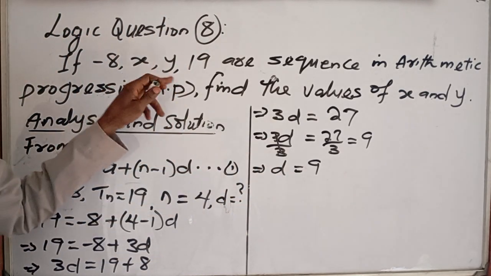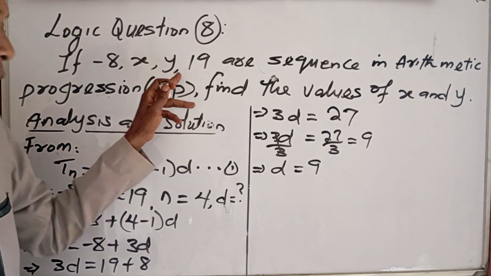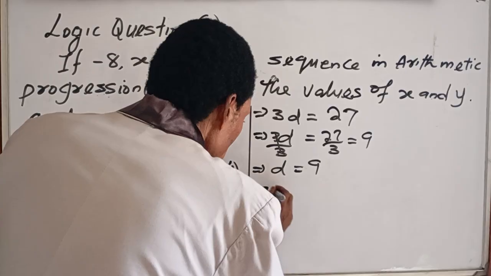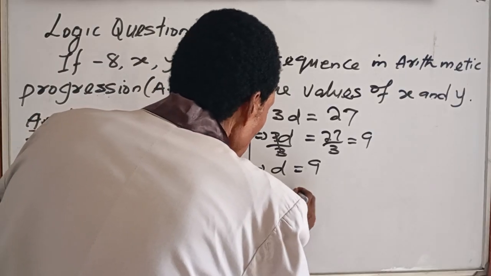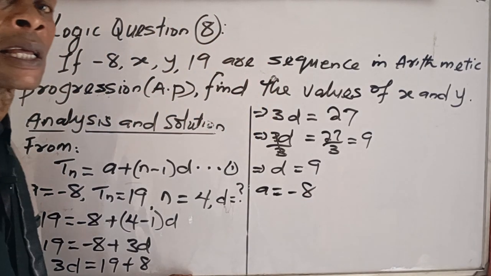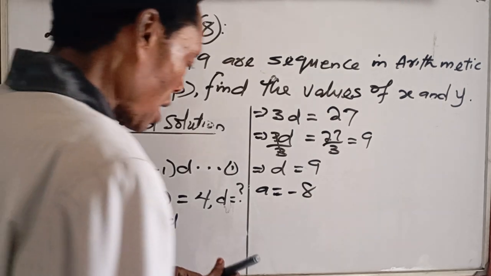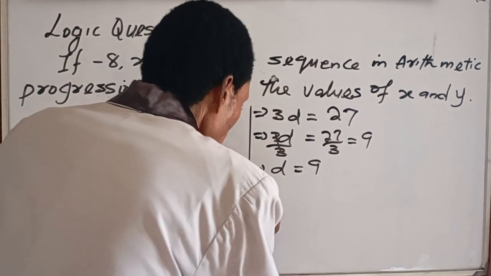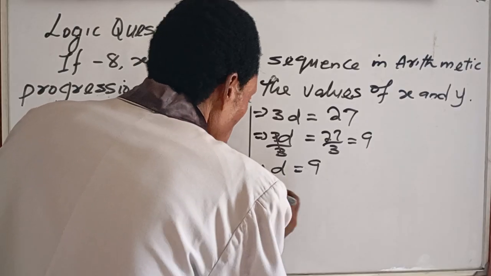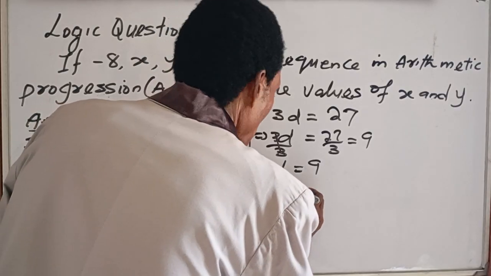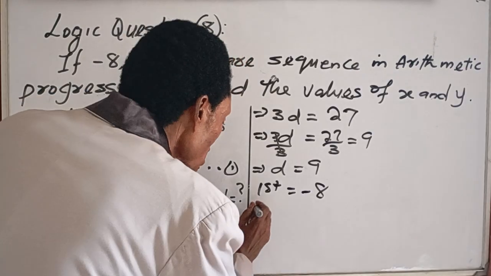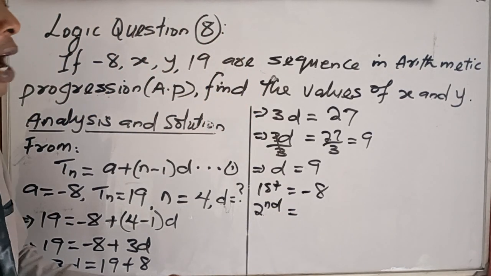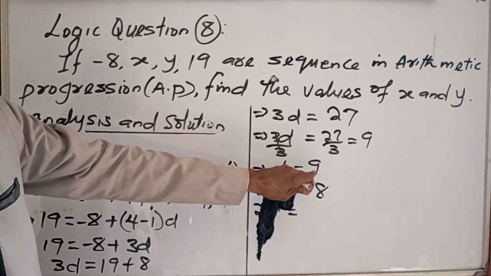Now that we have gotten our d to be 9, what are we looking for? We are looking for x and y. So for us to get these terms of the sequence, already our a, the first term, is minus 8. Then for the second term, we have to add this 9 to this.